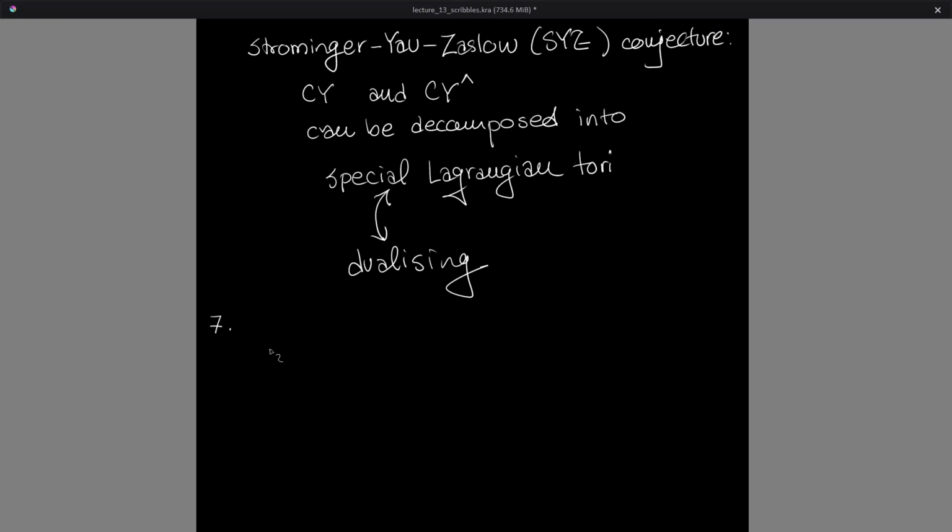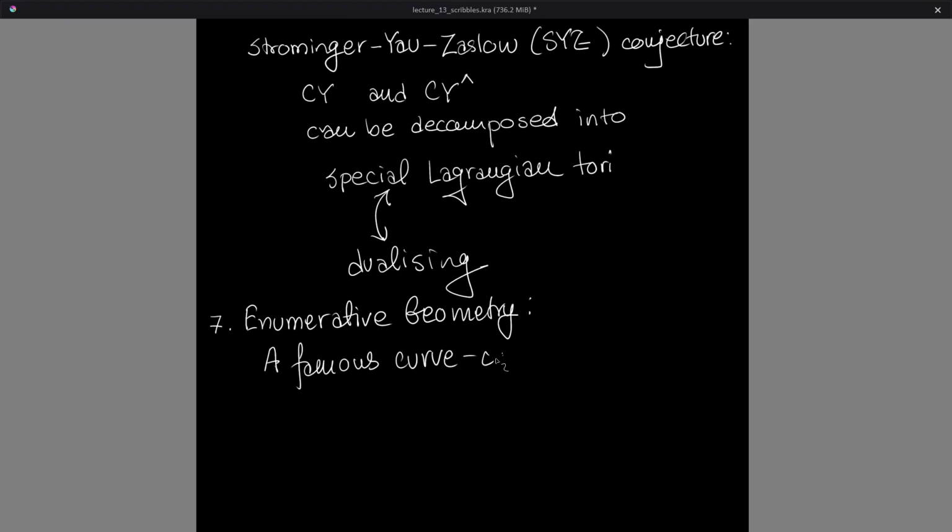Number 7, and I think our last reason, is enumerative geometry. There was a famous curve counting problem, so that's where you get enumerative geometry from.